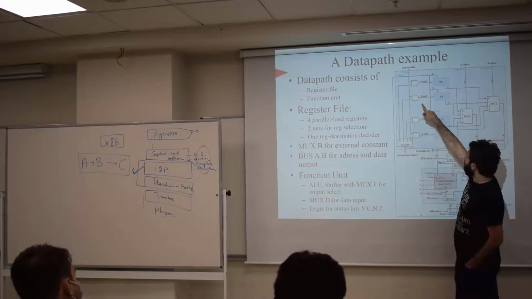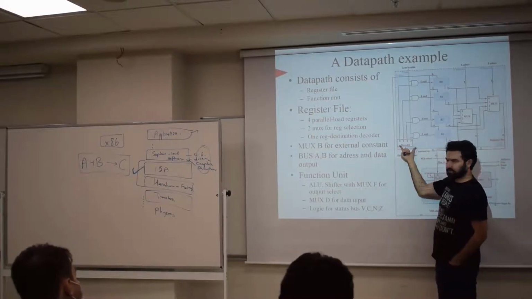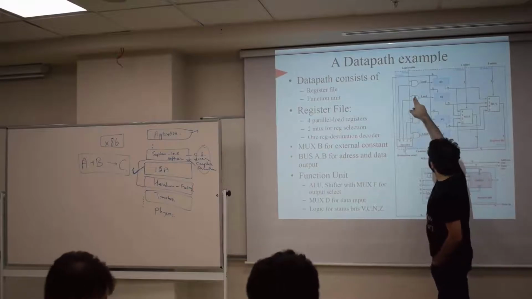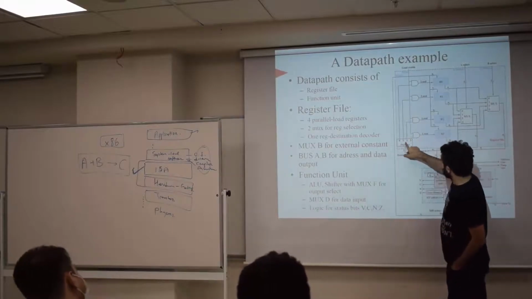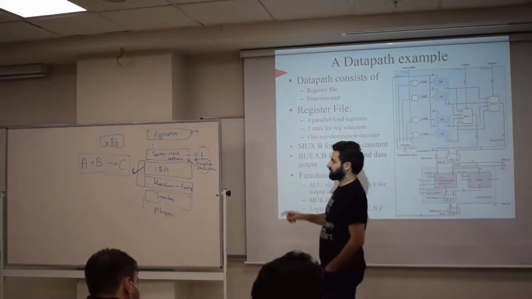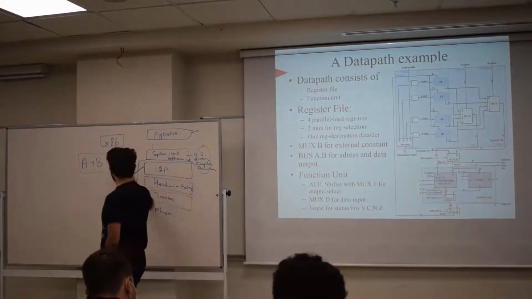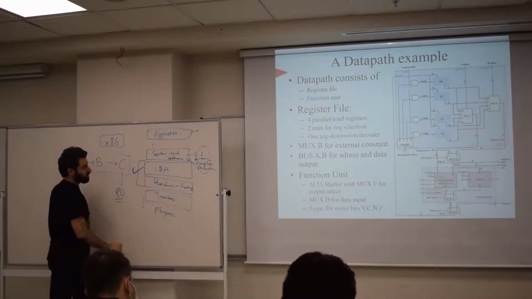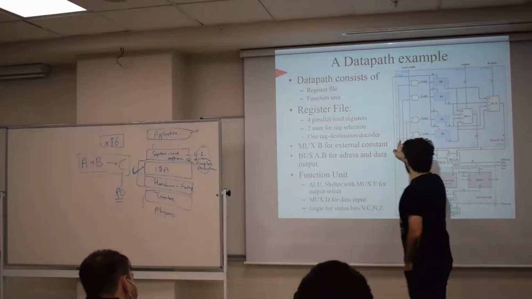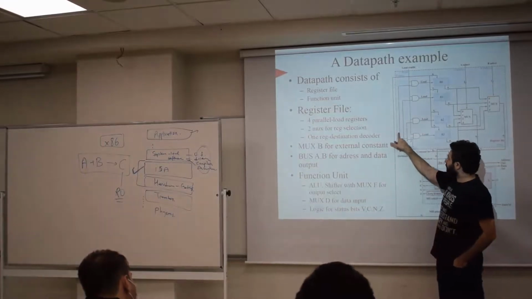So when load enable is 1 and you send this address to each one of them, whichever one is intended, whatever the C stays. For example, if C stays in R0, R0 being the top register, then this decoder will push a 1 in this 0 wire.